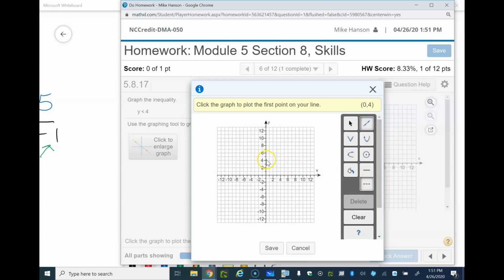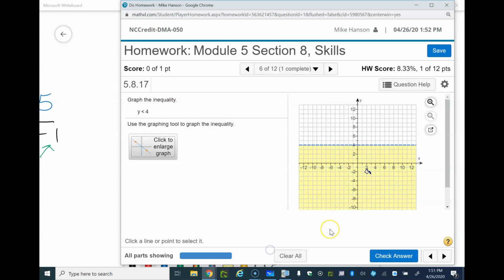Go to 4, and just make sure the line is straight. It does not matter where you click, so long as that line is a horizontal line going through 4 on the y-axis. Now, less than, so because down here is considered to be less and these are greater, click the bucket, shade lower, and that gives you the answer to this particular one.